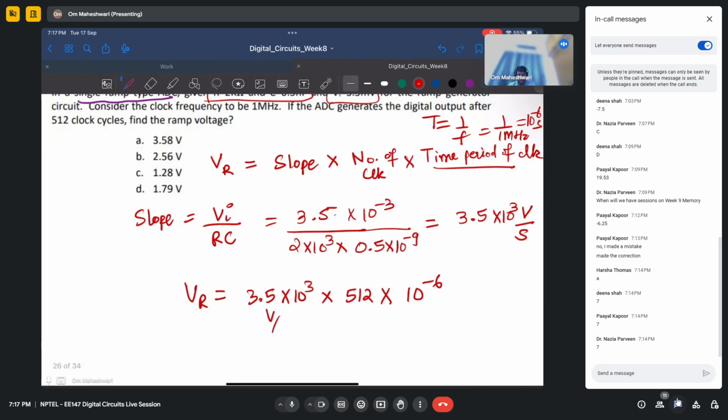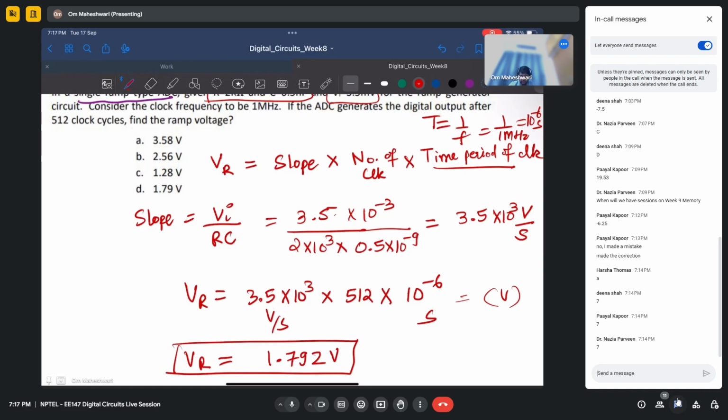This is in volt per second, this is in second, this is unitless, so answer will be in volts. So it comes out to be 1.792 volts. So after 512 cycles, your ramp voltage would reach 1.792 volts.